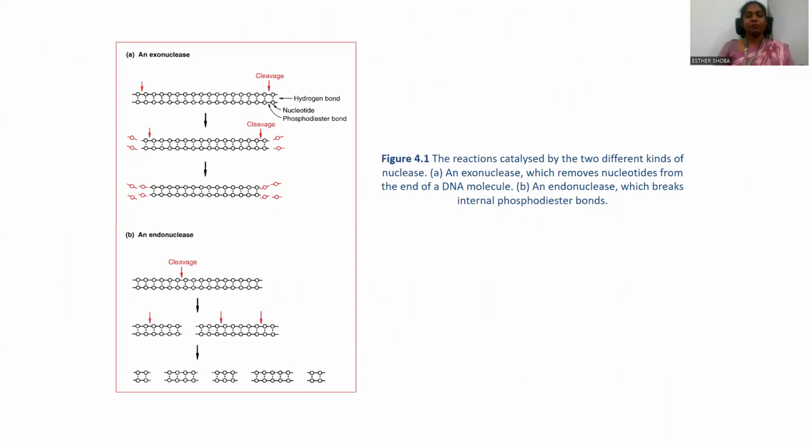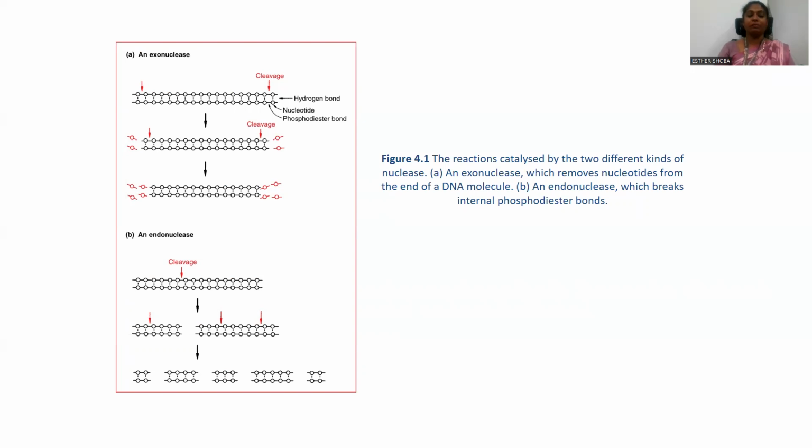Here is a picture which speaks about exonuclease activity. We have a double-stranded DNA molecule where, when an exonuclease enzyme is added, it splits off the nucleotides from either end. They clear the nucleotides from either end, and thereby we call them exonucleases. On the other hand, we have endonuclease.